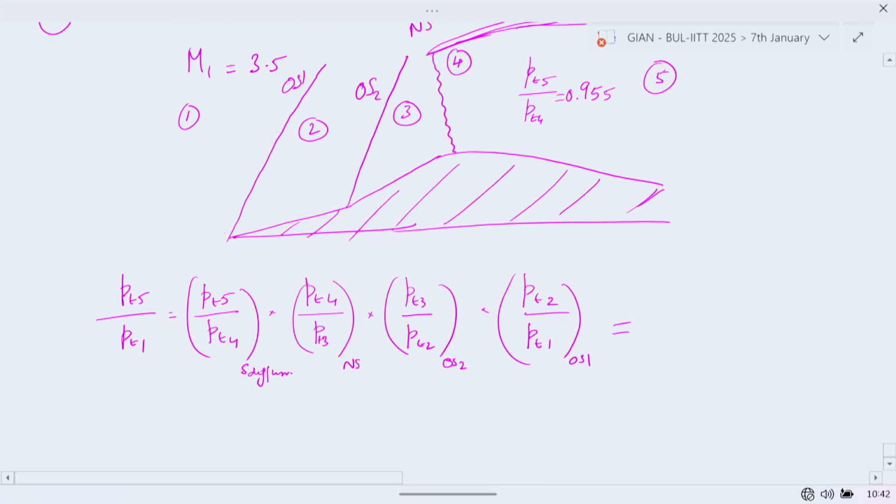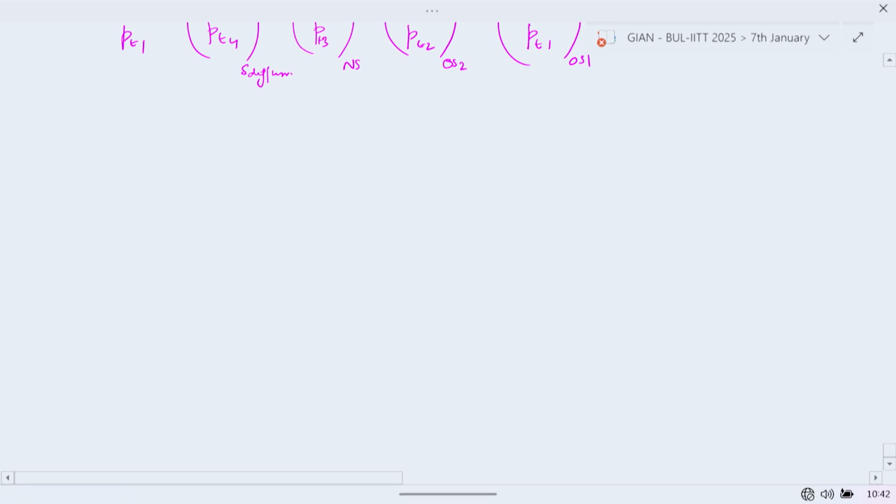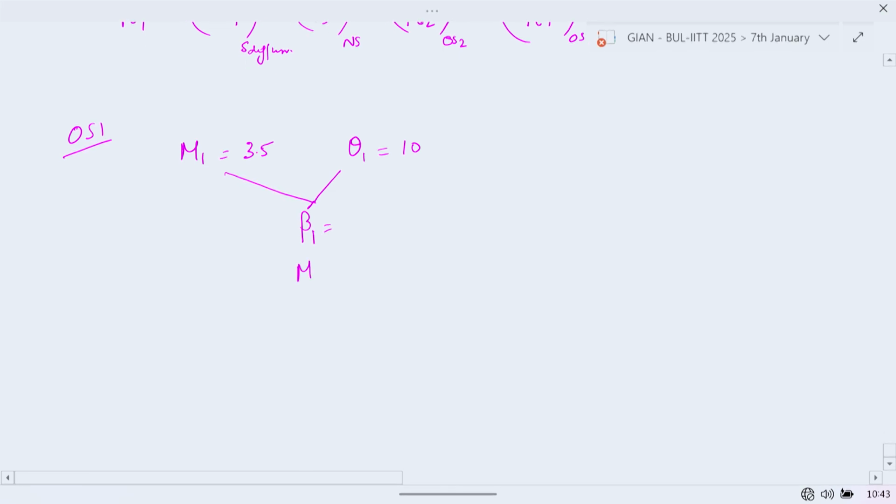So we start with oblique shock 1. M1 is 3.5. Now the floor turning angle is given in the problem as 10, so theta 1 is equal to 10. From this, find beta 1. M1n is equal to M1 sine beta 1.